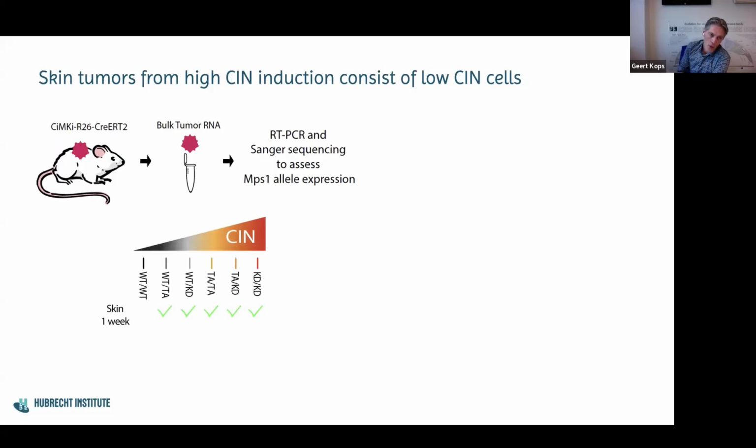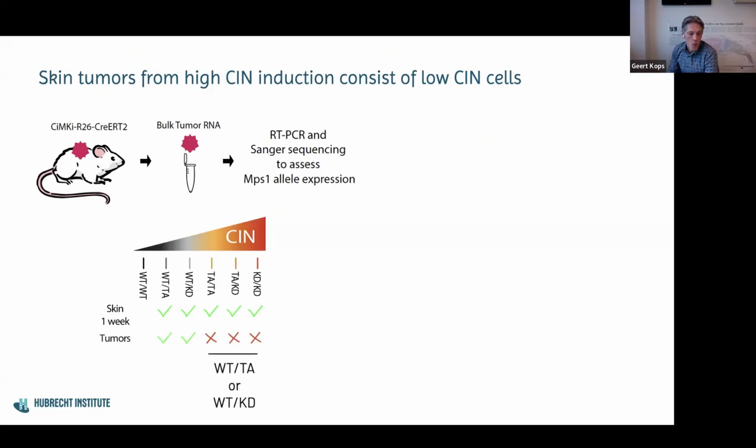So we applied tamoxifen, we took out part of the skin, and we sequenced for these mutations, and we actually verified that, just like in the organoids, they were very efficiently induced on the backs of these mice as well. So for example, in a TA-KD combination, we always found about 50% of the alleles being TA and 50% being KD.